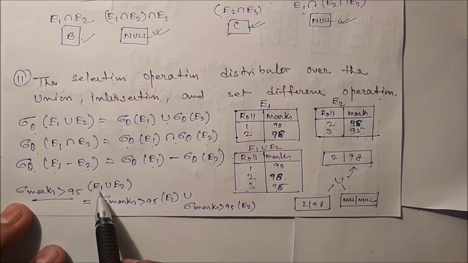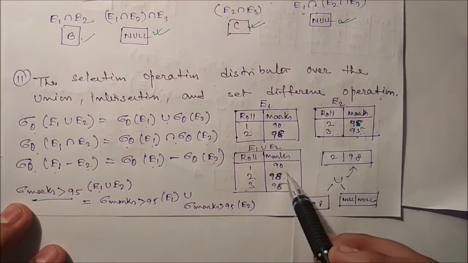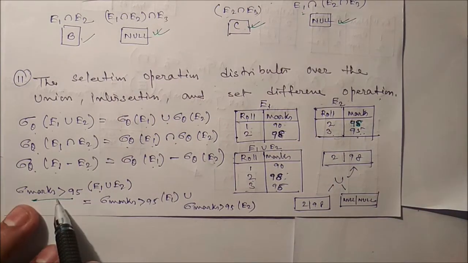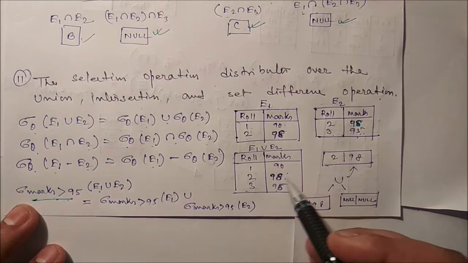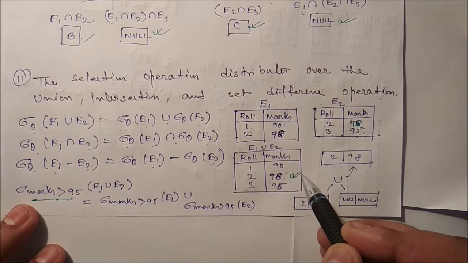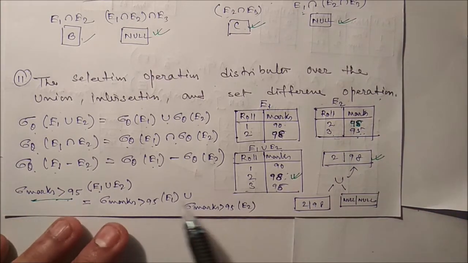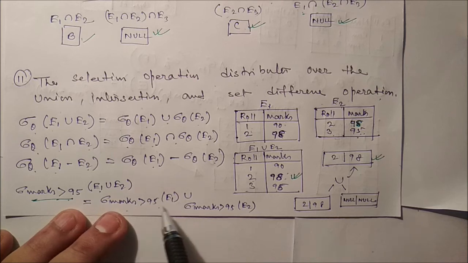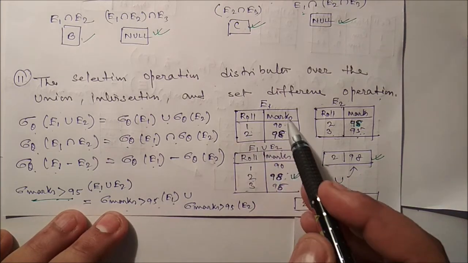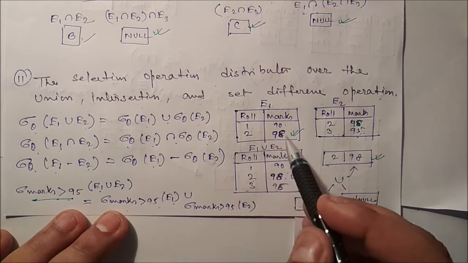So first of all apply E1 union E2. The output is this one. After that apply the selection condition, marks greater than 95. So marks greater than 95 will be, obviously, one record, that is 2 and 98. But if you apply the selection condition first in E1, the output will be only 2, 98, because only one record is there.